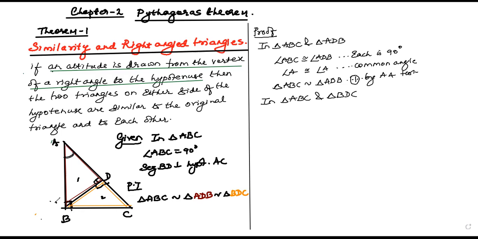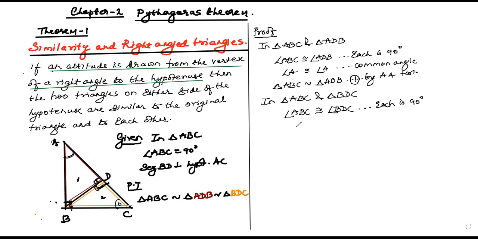ABC and BDC. Again, angle ABC is congruent to angle BDC, children. What is the reason, children? Each is 90 degrees. Then look at this angle C, children.